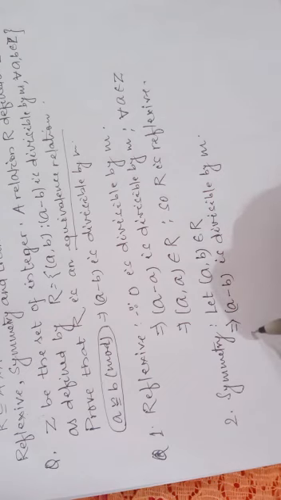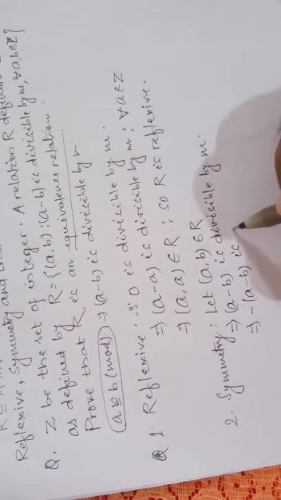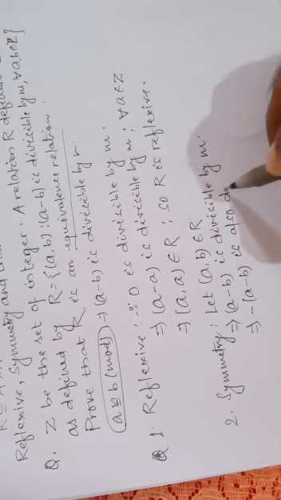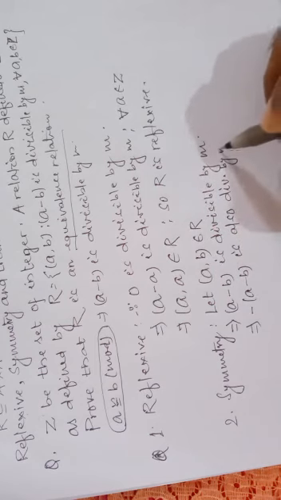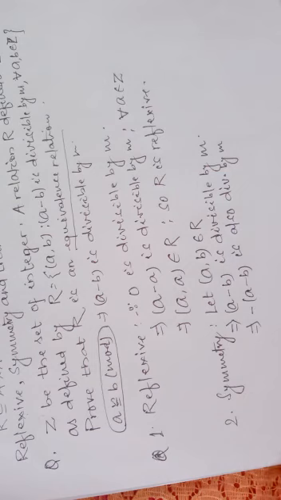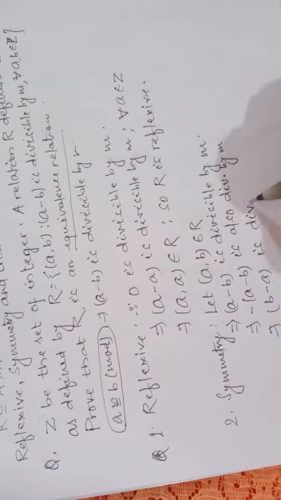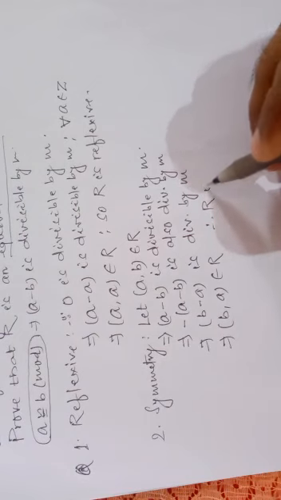So if A minus B is divisible by M, then its negative, minus (A minus B), is also divisible by M, and minus (A minus B) means B minus A is divisible by M, and B minus A is divisible by M means (B, A) belongs to R. Therefore R is symmetric.